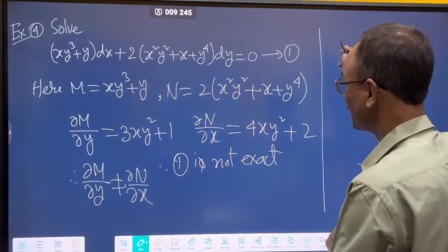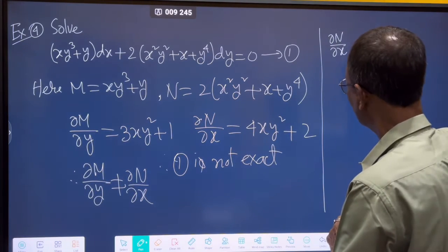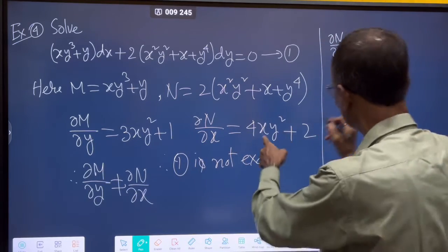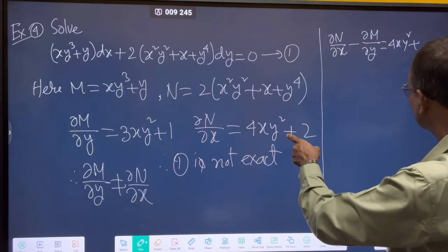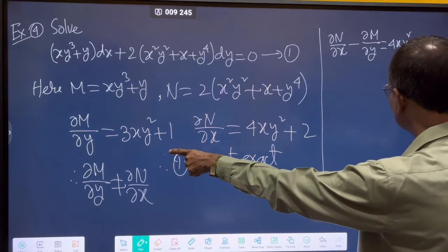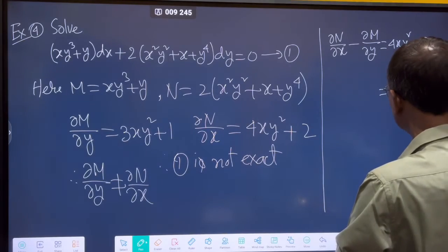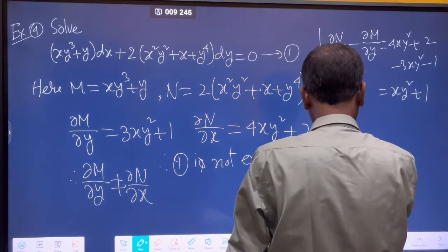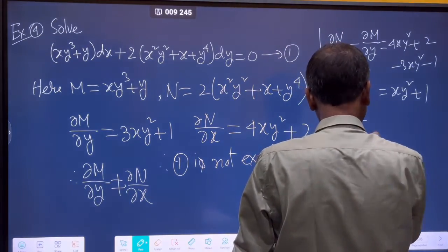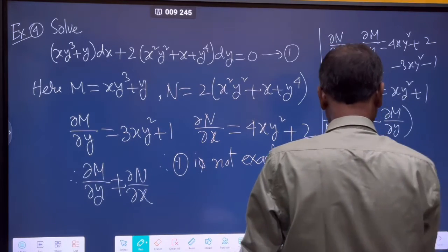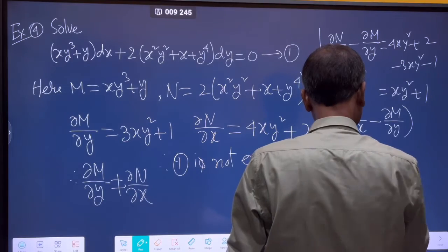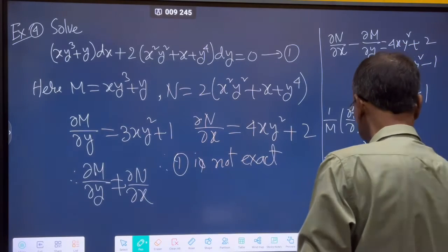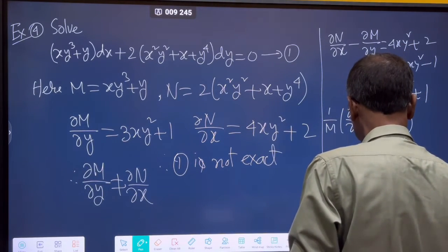Now, ∂N/∂x minus ∂M/∂y. What is this? This is equal to 4xy squared plus 2 minus 3xy squared minus 1, which is xy squared plus 1. Now, (1/M)(∂N/∂x minus ∂M/∂y) is equal to (xy squared plus 1) divided by, what is M? xy cubed plus y.